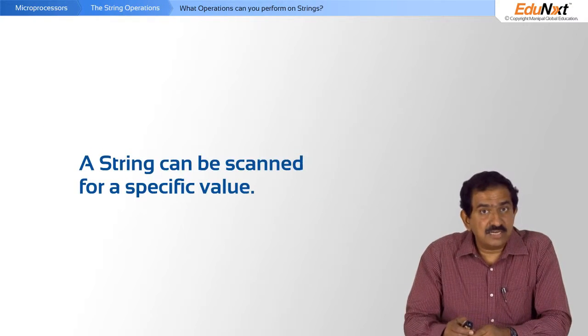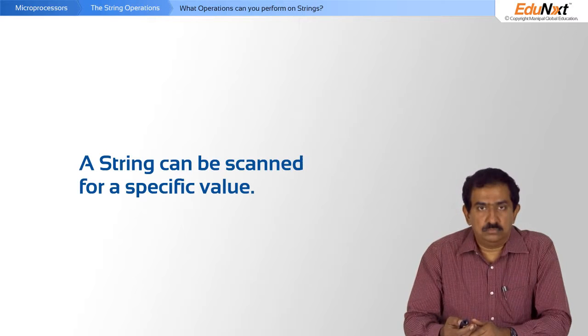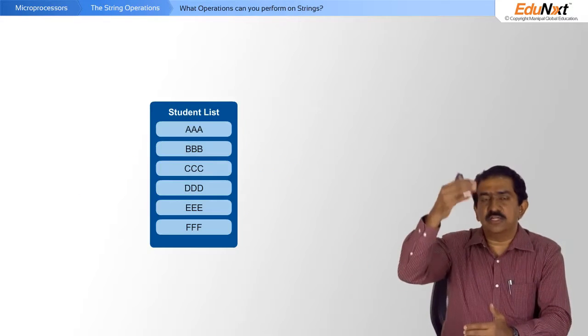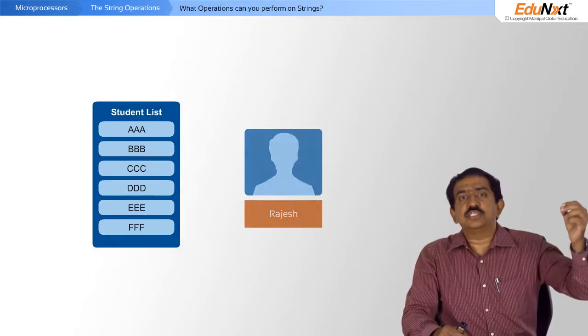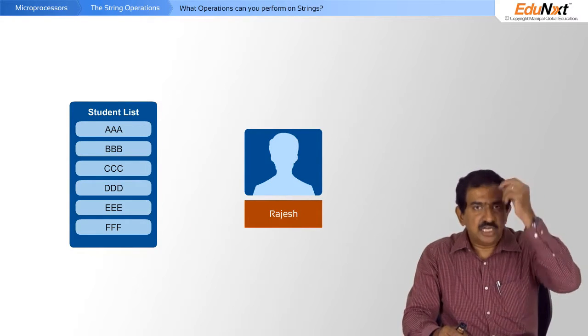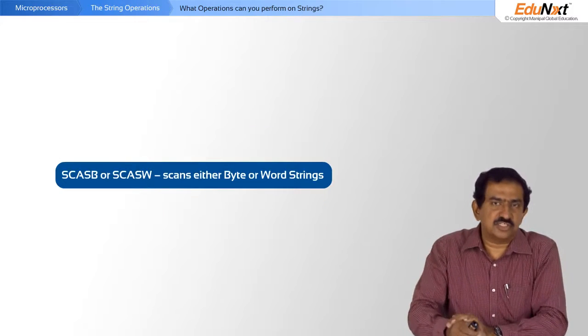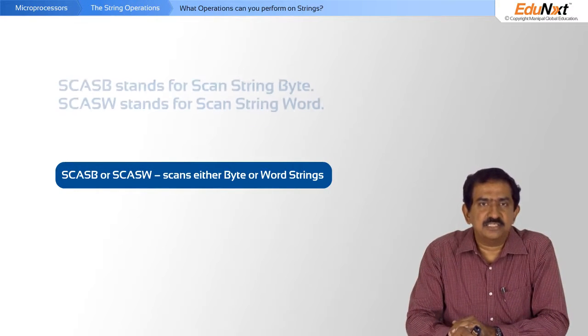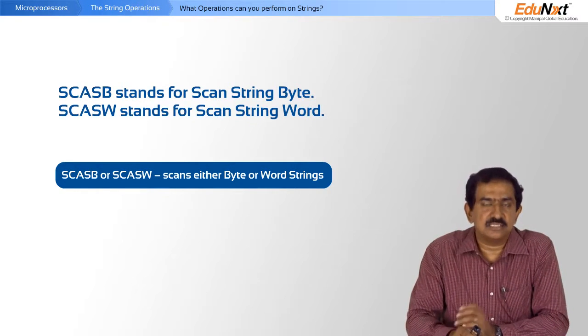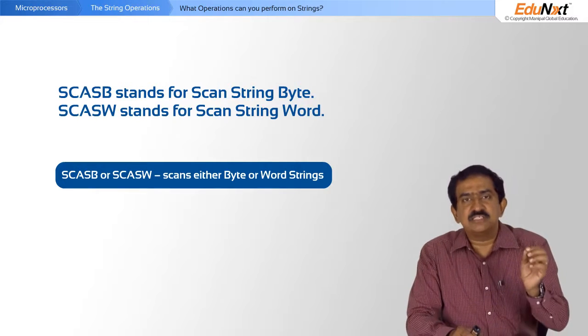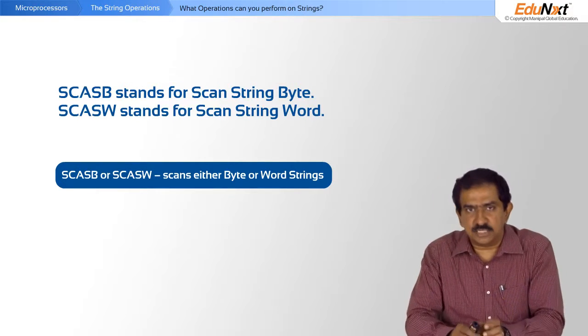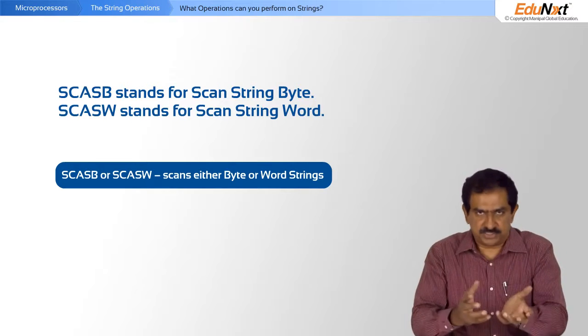You can scan a string for a value. So let's say you got the names of all the students, and you want a specific student called Rajesh. Is he there? So you could automatically do this with this one instruction called SCAS. SCAS is scan string, and you have SCASB or SCASW, which is scan string byte or word.